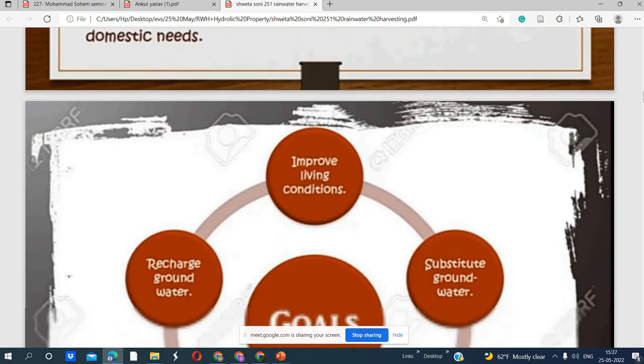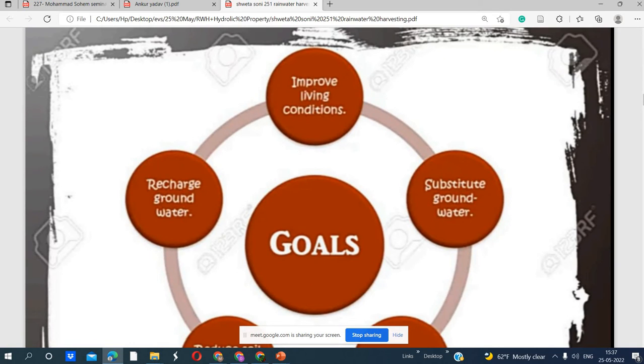Irregular monsoon and depleting groundwater are also reasons. The goals are to improve living conditions, substitute groundwater and recharge groundwater.